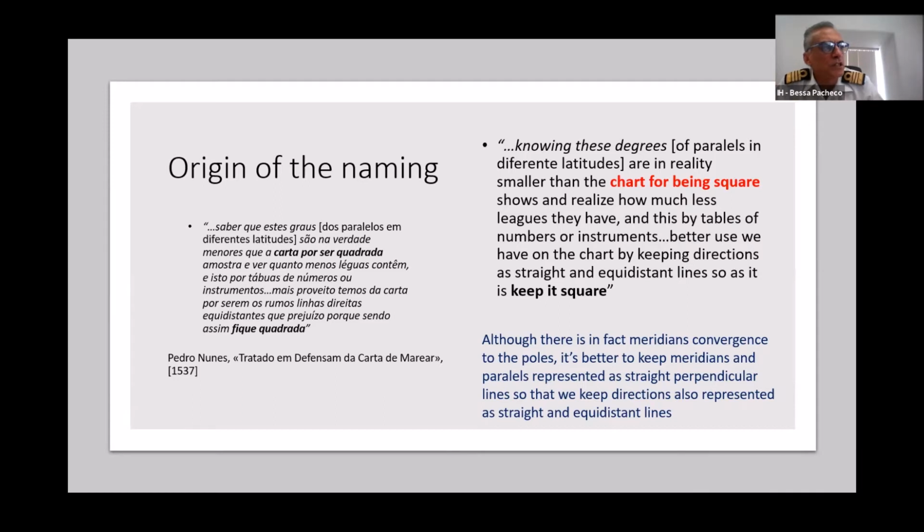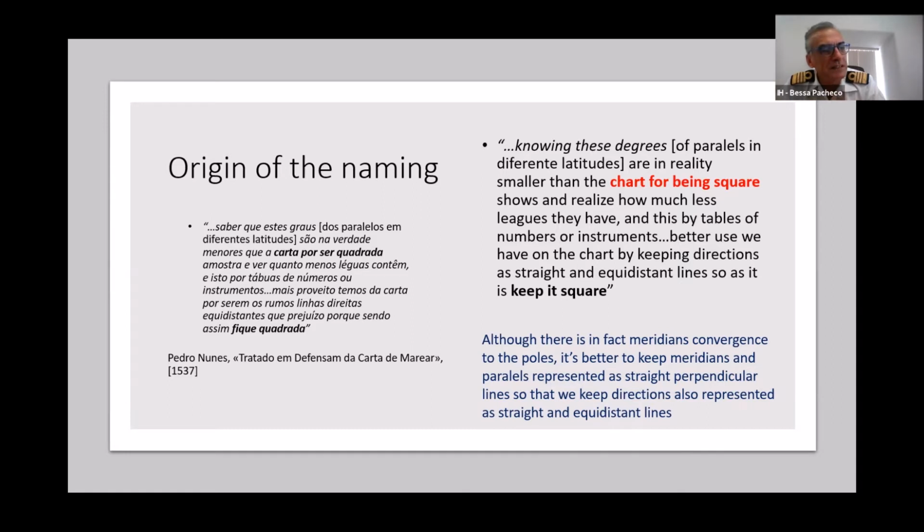It shows and realizes how much less leagues they have, and this by tables of numbers or instruments. Better use we have of the chart by keeping directions as straight and equidistant lines, so as it is, keep it square. I would say, let's put this in the language of today.